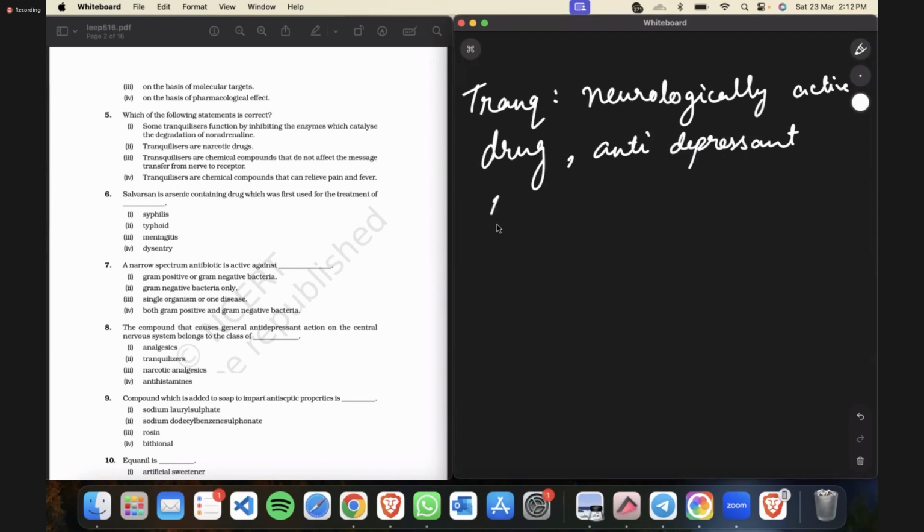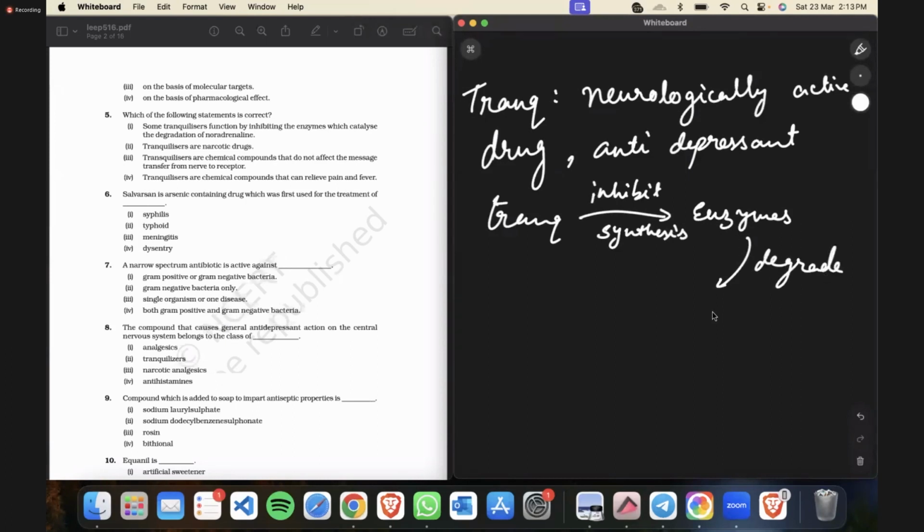These enzymes degrade noradrenaline, so inhibiting them gives you a slight push of your adrenaline levels, and that will get you out of your trouble.